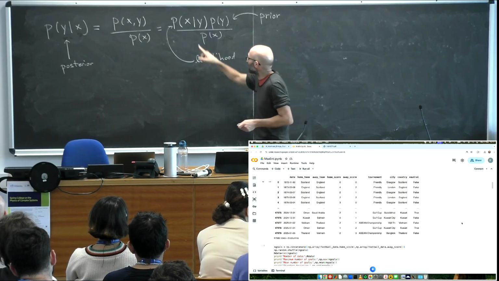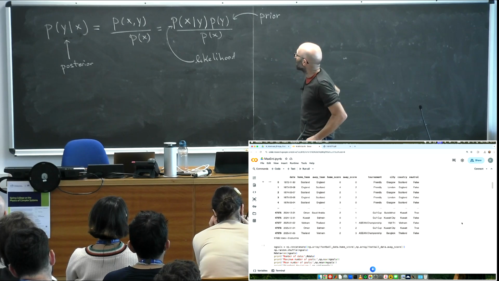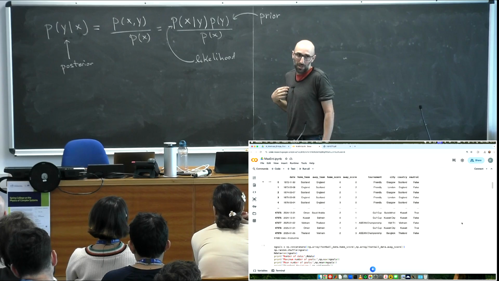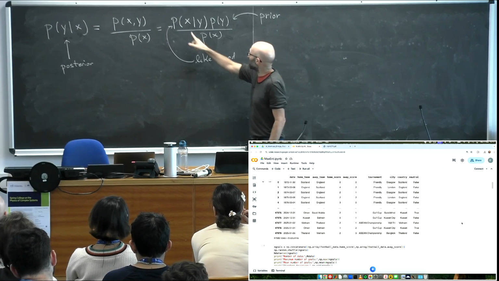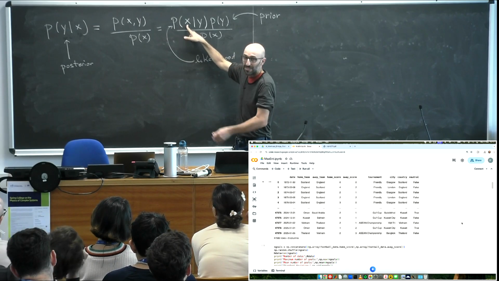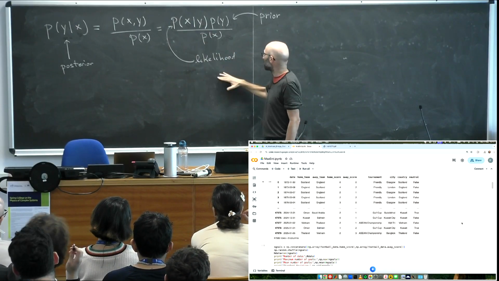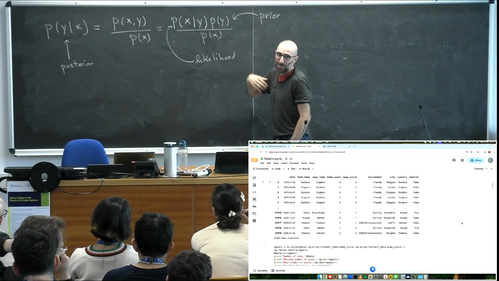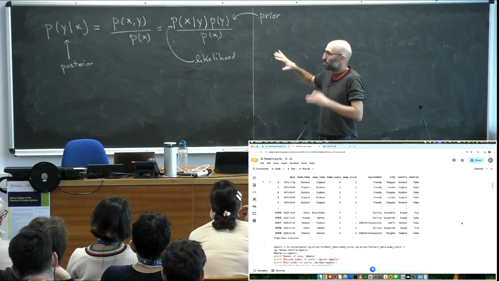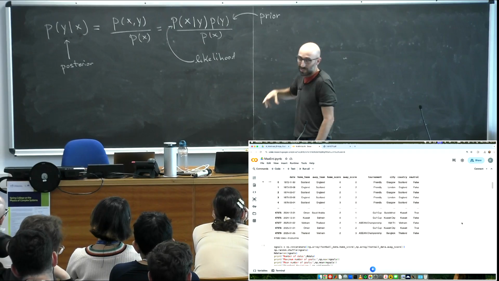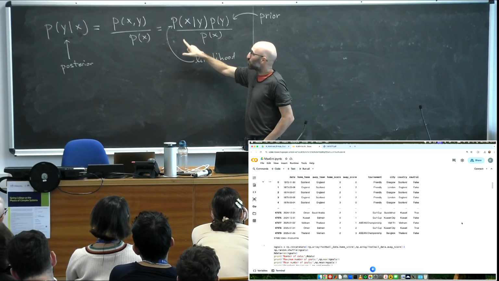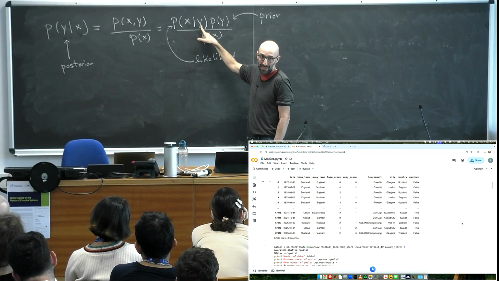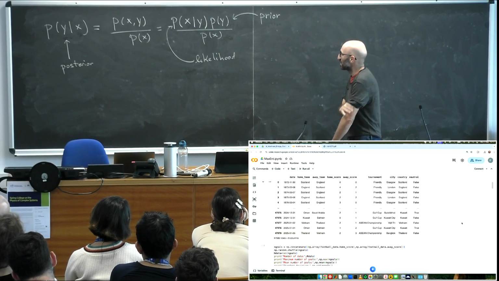So x are the data that you get. And P of x given y, which is called the likelihood, is again your own model of how the data are generated, given y. So there are two ingredients that you have to fix. You have to decide what is your prior belief on y, and you have to decide what is the model that you make of how data are generated if you know y. These two things are choices you have to make.